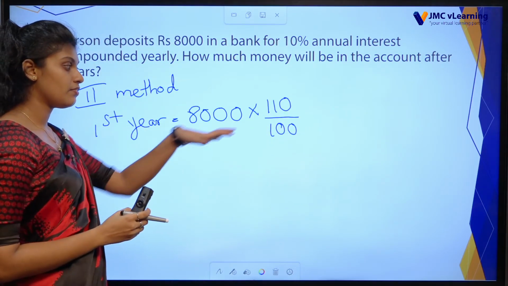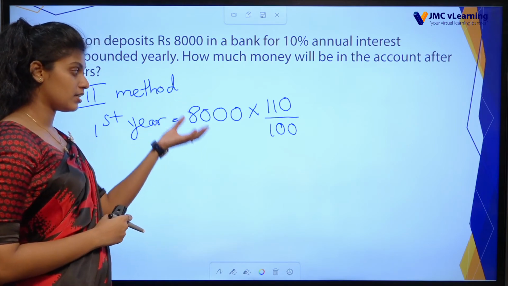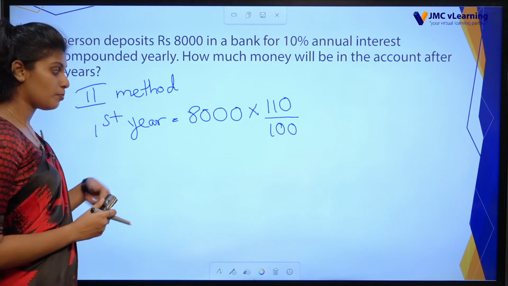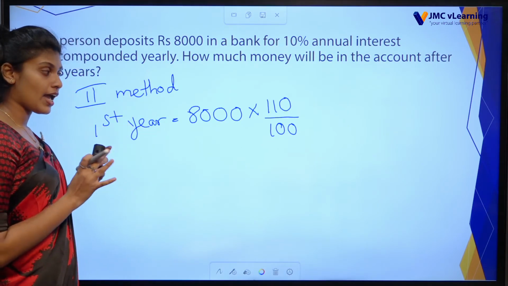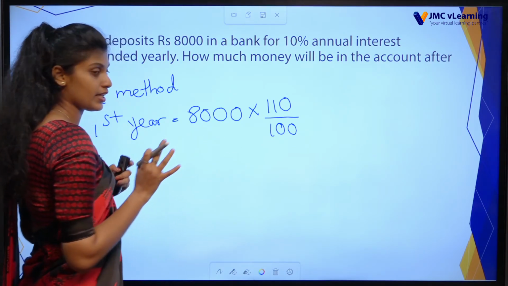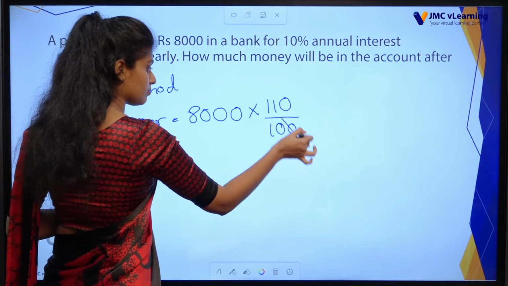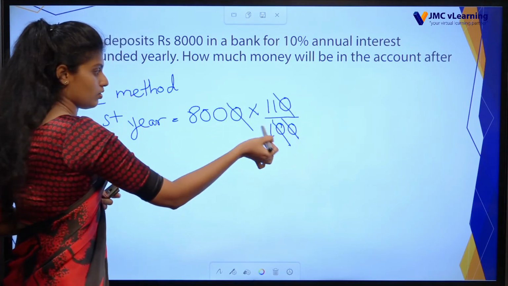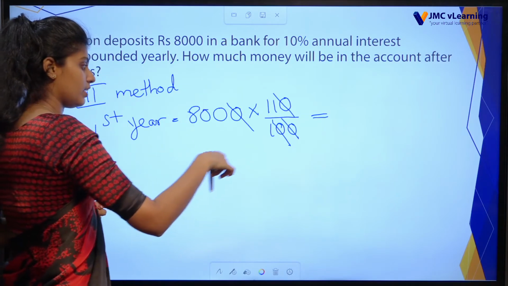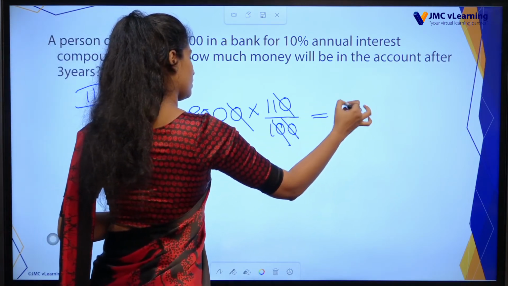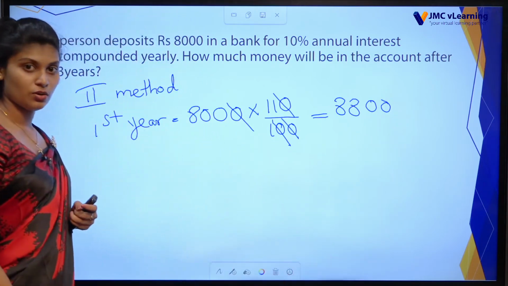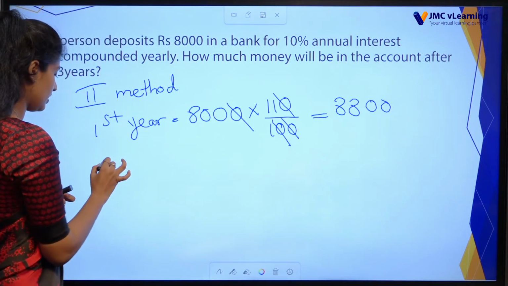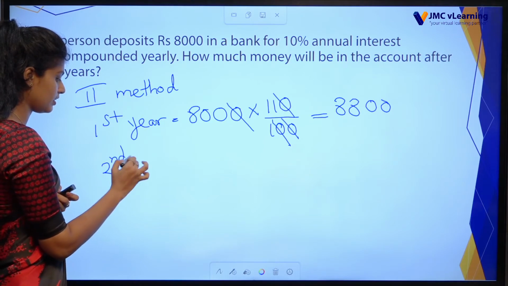Here 110 means the amount and the interest both. Then, unlike the earlier way, we don't need to add the both, we can take the answers directly. Cut zeros, multiply by 11, 8,800.